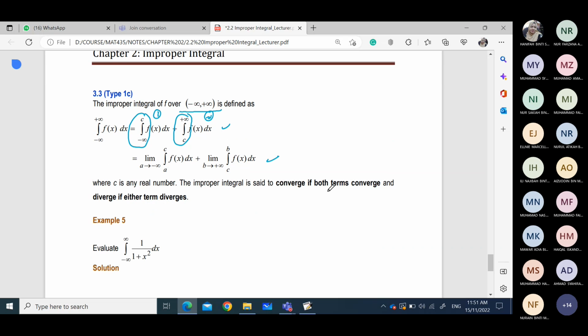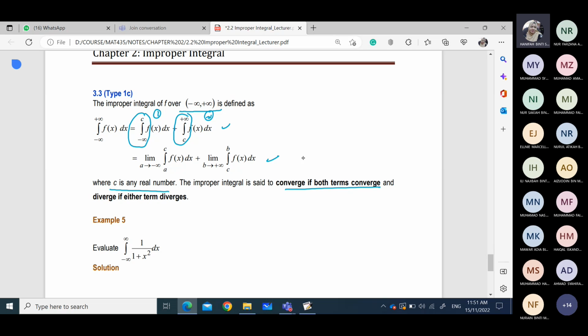Alright. So we solve based on this definition, where c is any real number. The improper integral is said to converge if both terms converge and diverge if either term diverges. So maknanya dekat sini, the improper integral will converge if both converge.